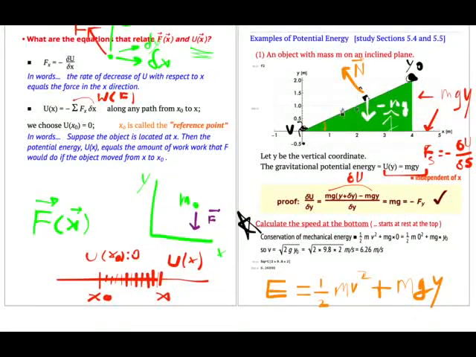So you see, I calculated the speed at the bottom without analyzing the forces, but knowing the potential energy function, mgy, and conservation of energy.